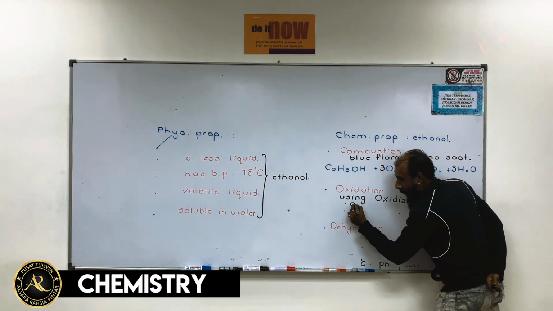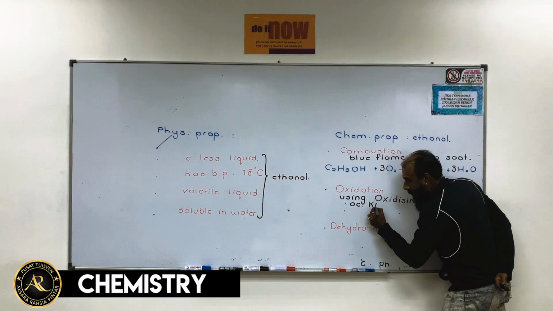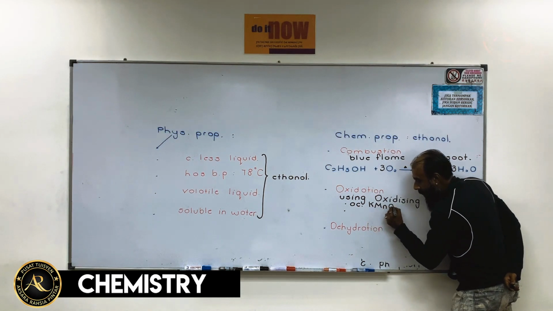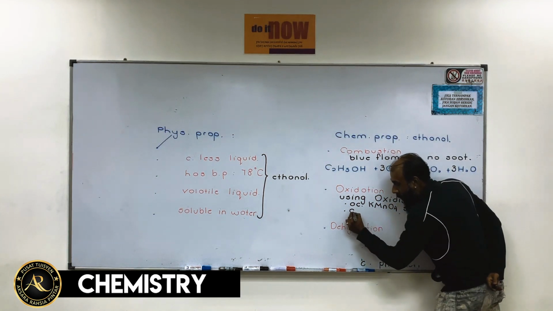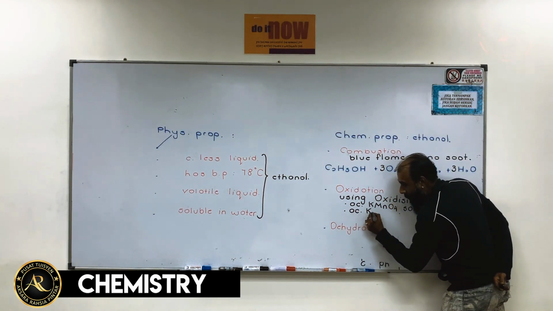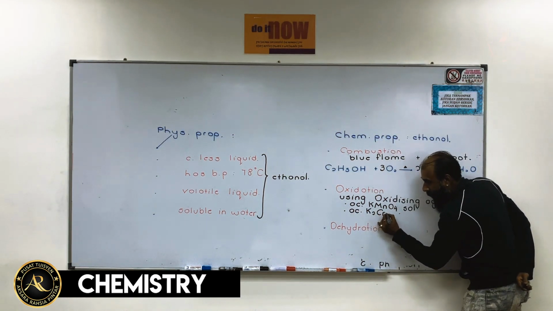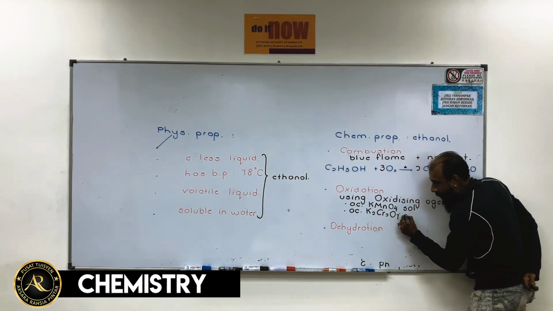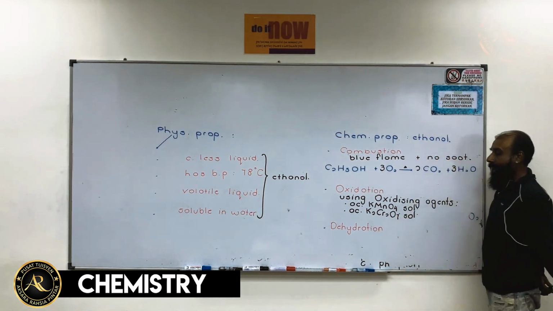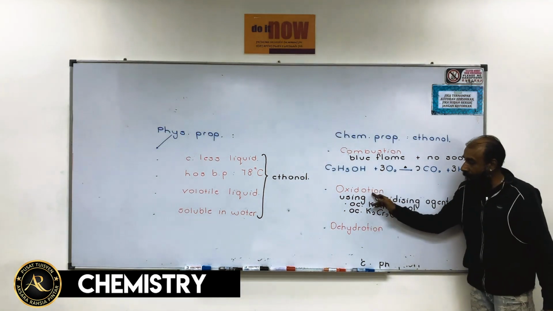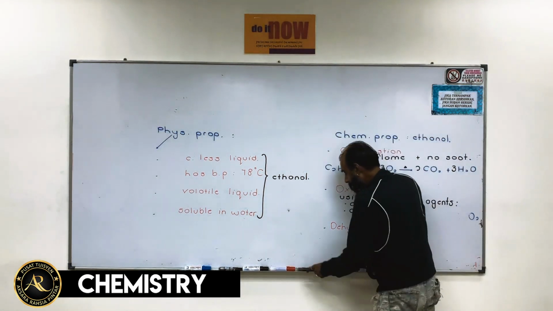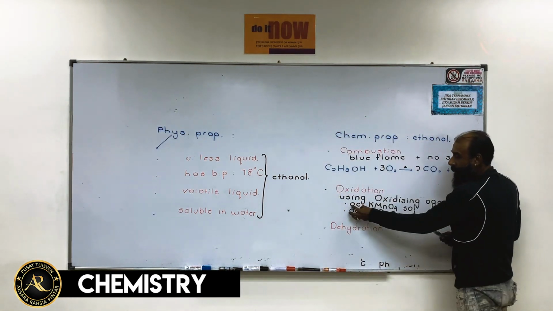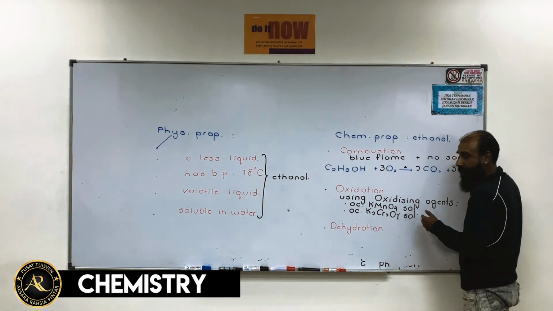We can use acidified potassium manganate 7 solution, or acidified potassium dichromate 6 solution. Remember, oxidation is done by using oxidizing agents. This time I'm going to use acidified potassium dichromate 6 solution.